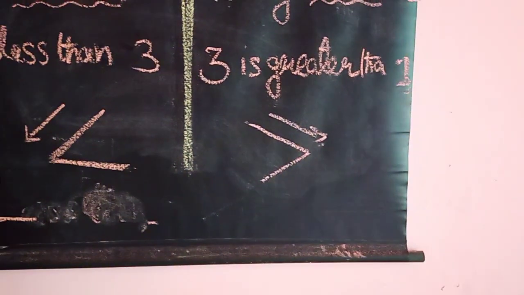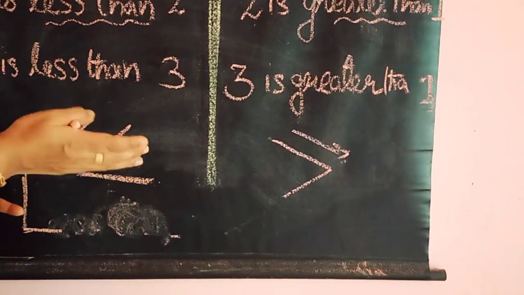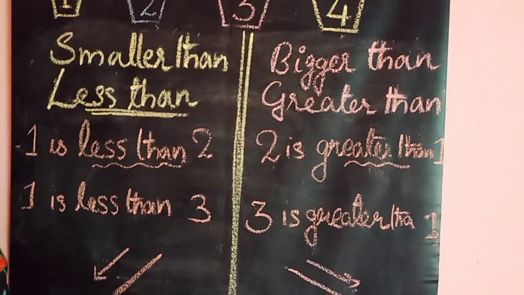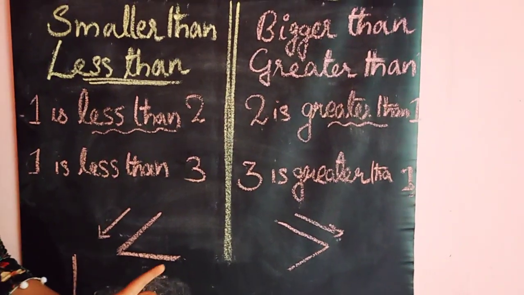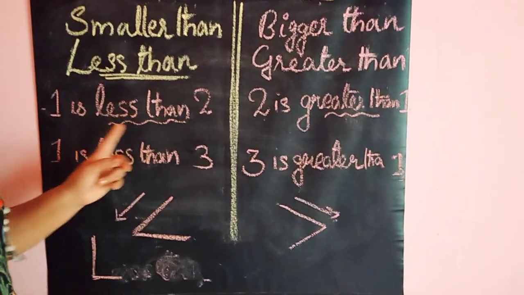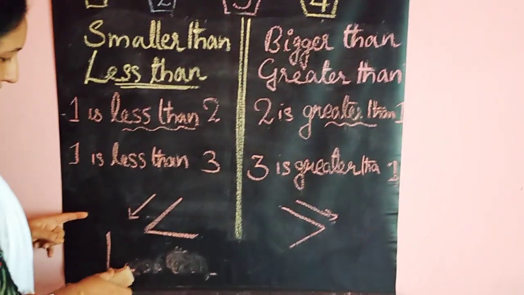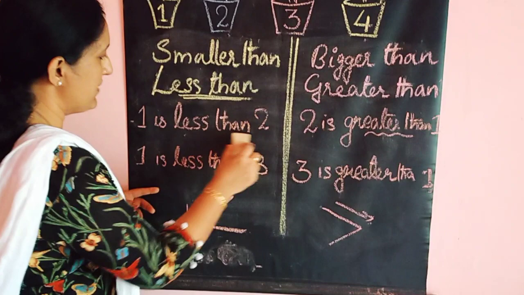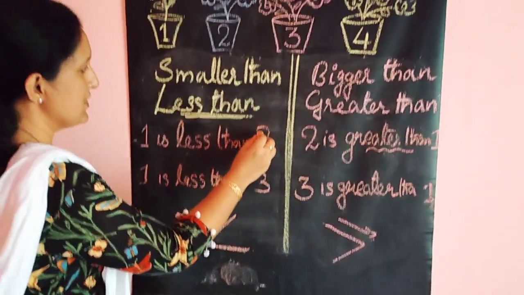Okay, now tell me how you can rewrite this statement by using this less than symbol. Look, here we compared 1 and 2.